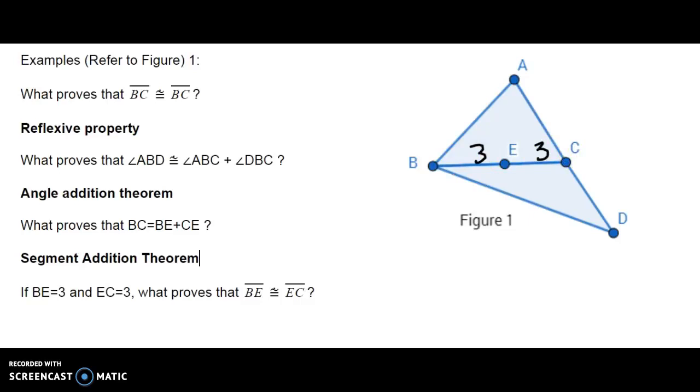Well, that's simply going to be our definition of congruence. Remember, if two things have the same measurements, that means they are congruent. If two objects have the same measure, that's showing that they are congruent. Okay, so those would be 4 examples that we can get off of this figure. Let's take a look at our last set of examples.